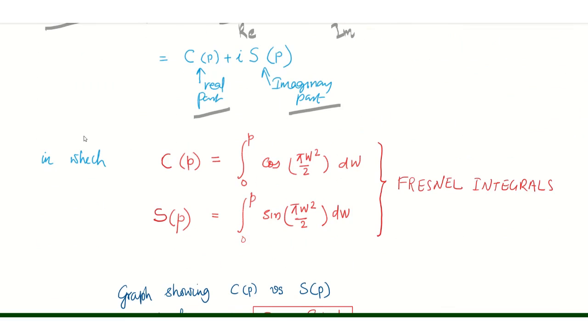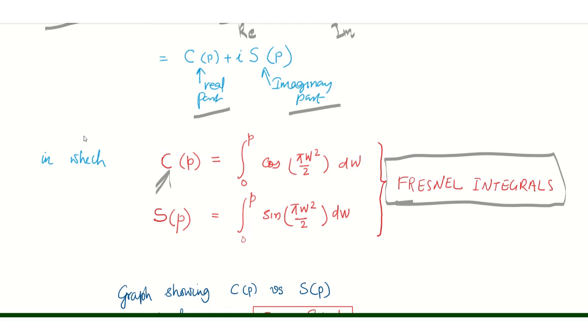The real part is Cp equals integral 0 to p cos pi omega square over 2 d omega, or dw, whichever you like to call it. Sp equals integral 0 to p sine pi omega square over 2 d omega. And these are called Fresnel integrals.